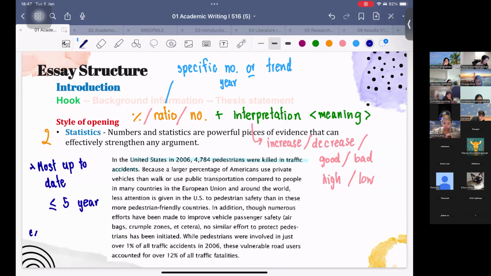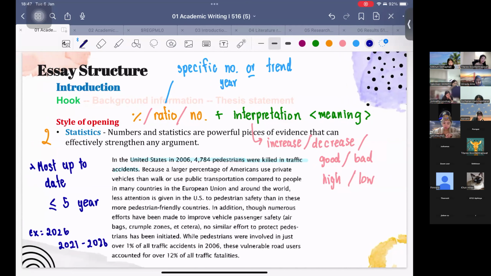So let's say today is 2026. If I'm going to use a traffic accident number, it should be a number from 2021 to 2026. A number from 2021 to 2026 would be considered up to date.